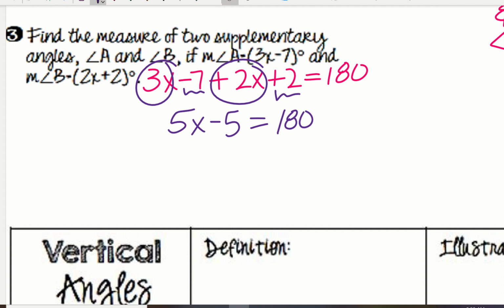Okay, my next step, I have to move stuff away from the x. So, Kinsey, how do I move this over to the other side? Add it to both sides, so 5x equals 185. Perfect.